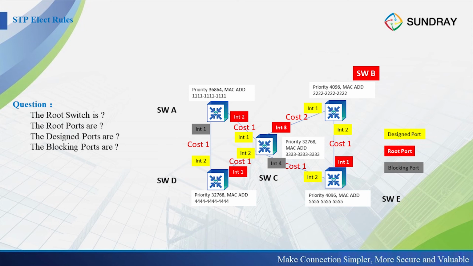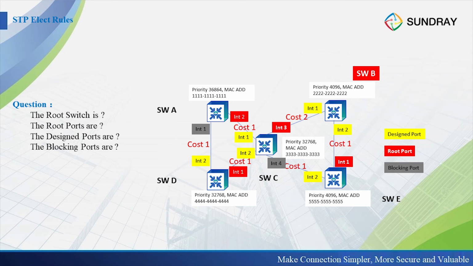And for switch A and switch D, as you see, from interface 2 to switch C the cost is 1, and from C to B the cost is 2. So the total cost is 3. For switch D, from A to B the path cost is 3, which is the smallest.